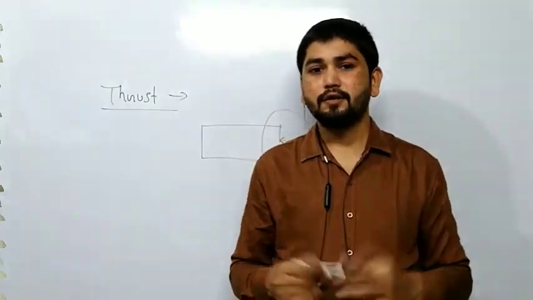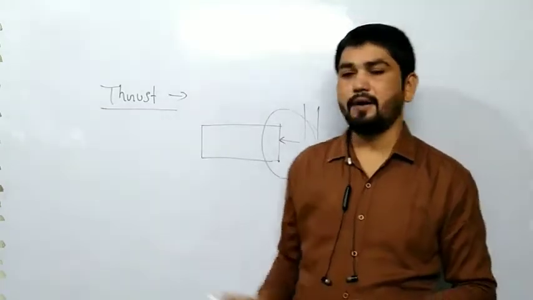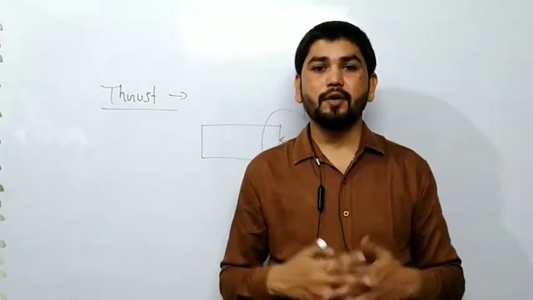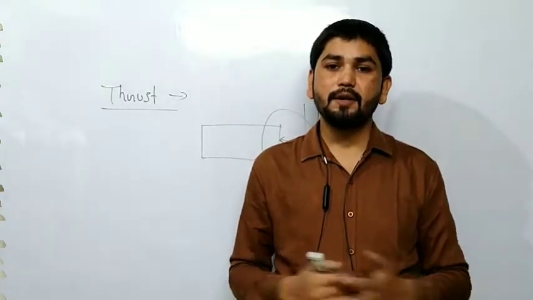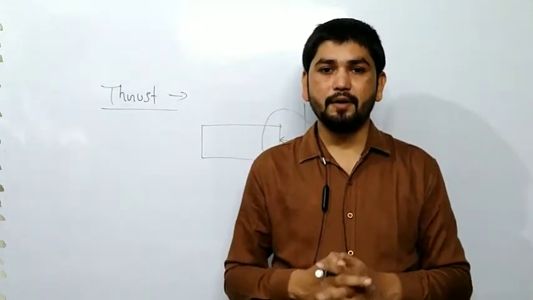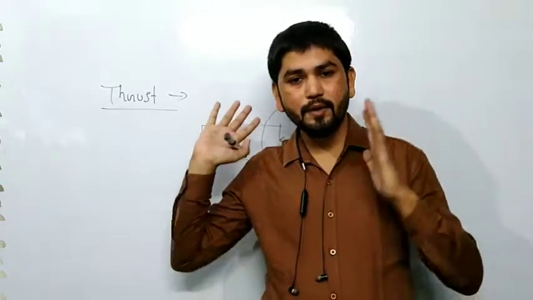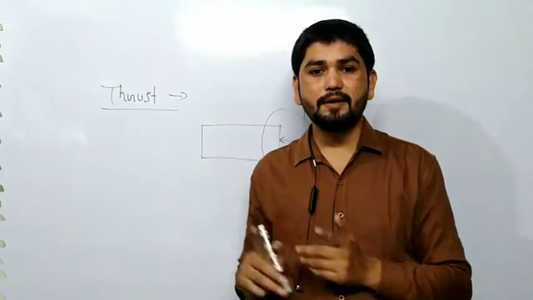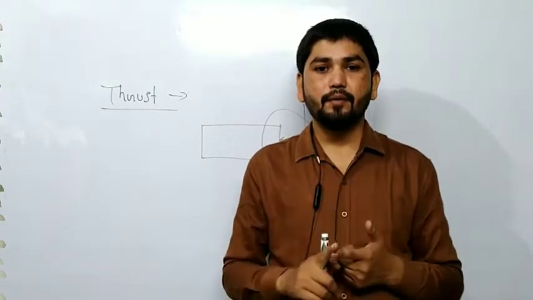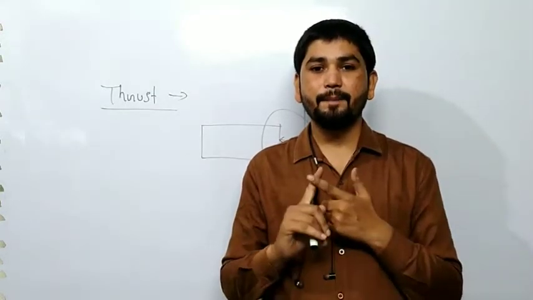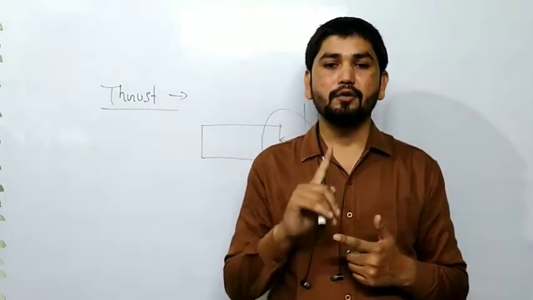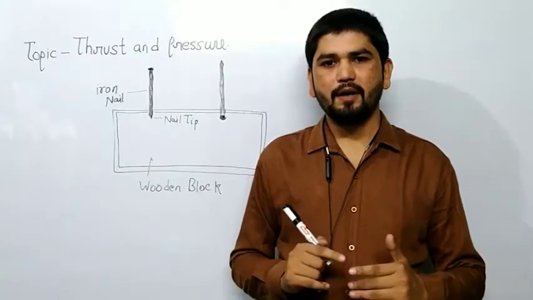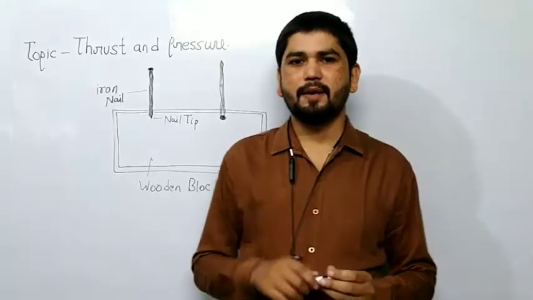Okay guys, so it is a force. So what is the unit of thrust? The same unit, because it is also a force. The unit of force is Newton, so the unit of thrust is also Newton. Thrust is defined as the force which always acts perpendicular to the surface of the object.